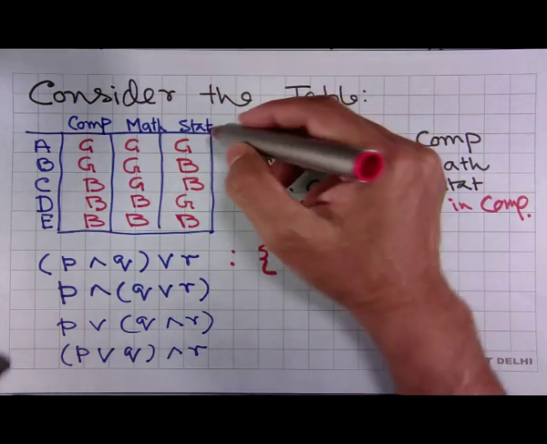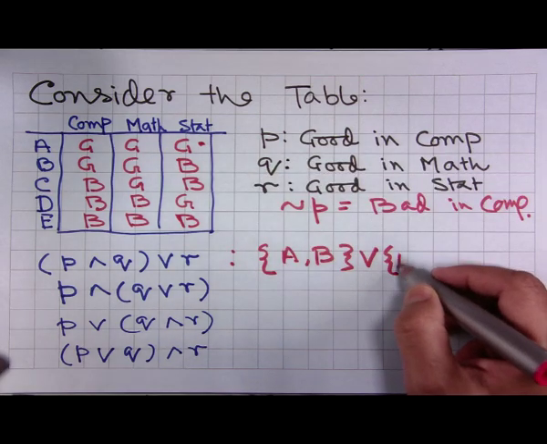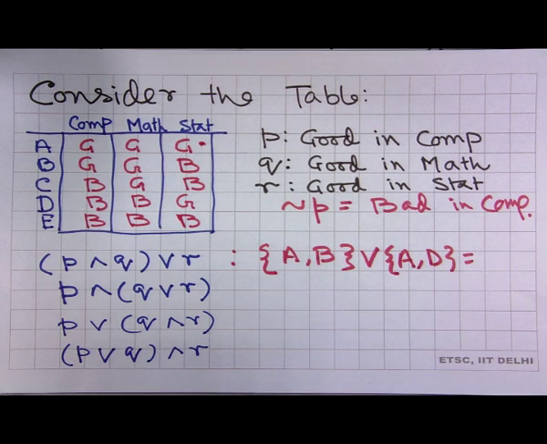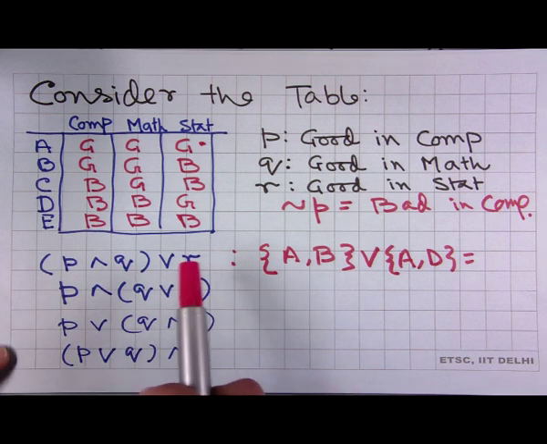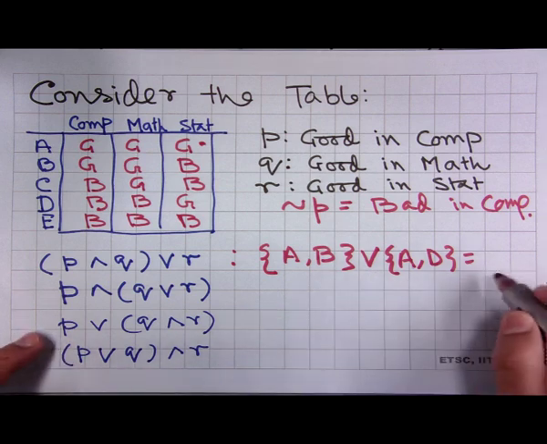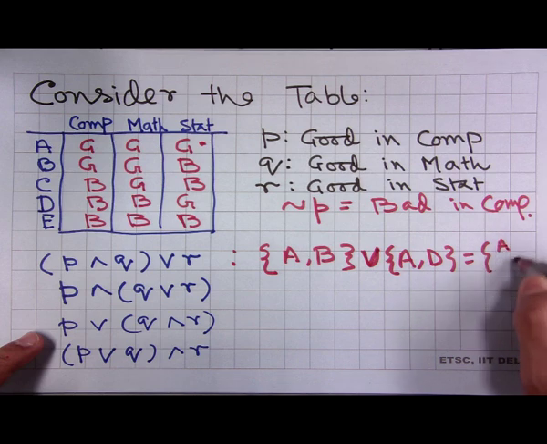So, who are the persons there? A and D. Therefore, the truth set for (P and Q) or R means anybody who is good in both P and Q or anybody who is good in statistics. Therefore, we get the union of this set, which is going to be A, B, D.